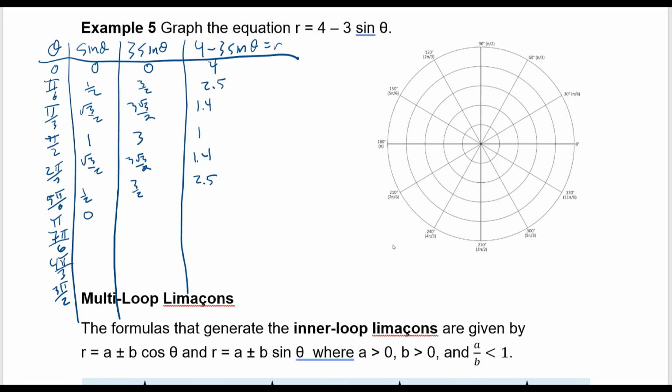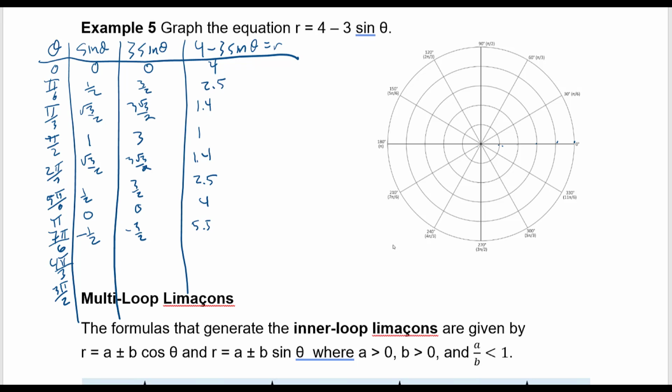That's 0, 0, and 4. 7 pi over 6 is going to be negative 1/2. So that's going to be negative 3 halves. But 4 minus negative 3 halves is going to be 5.5. Should count this 1, 2, 3, 4, 5.